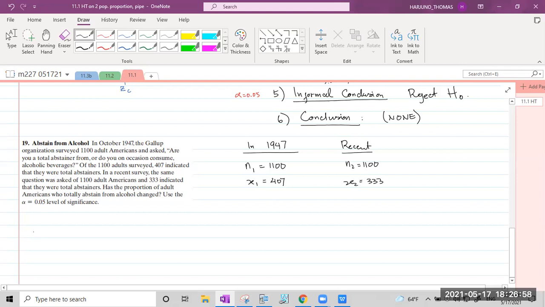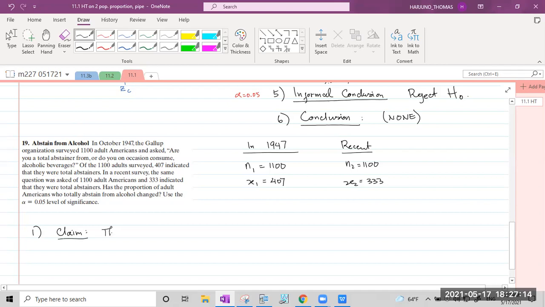So the claim: has the proportion of adult Americans who totally abstain from alcohol changed? We need to make the claim into a statement, not a question.